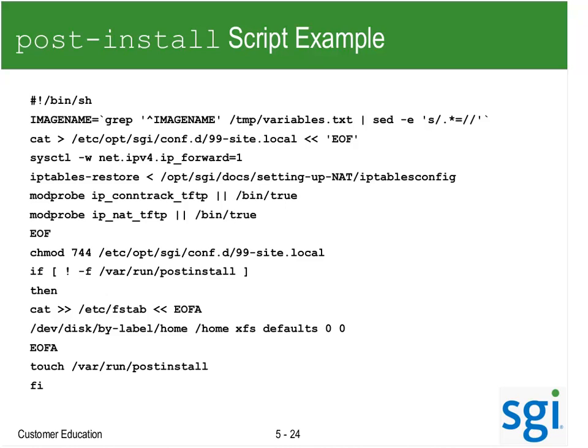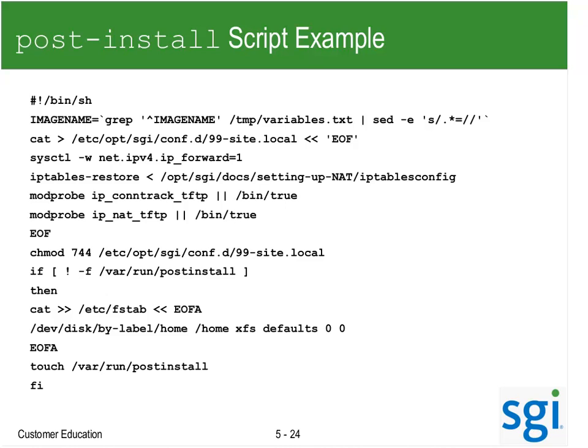And in it, this is NAT, I'm setting IP forwarding on. I'm setting up my IP table. So there's this IP tables config as a vanilla IP tables rules list. And then I have to load in this IP conntrack and IP NAT modules. Note I've got pipe /bin/true.